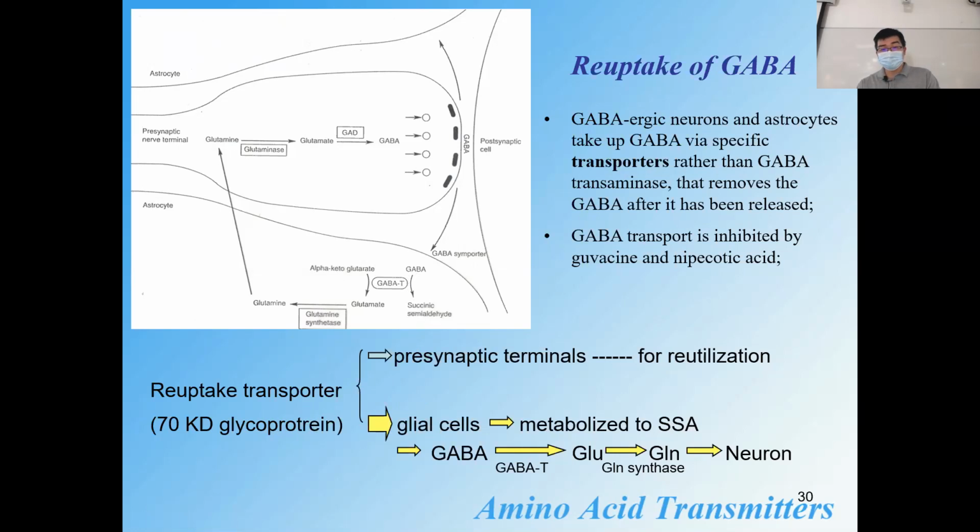Okay, and the amino group will be using the alpha-ketoglutarate that will change it into the glutamate, and the glutamate will go back to glutamine, and then the glutamine can pass back to the neurons, and then you can get the cycle again. Okay.